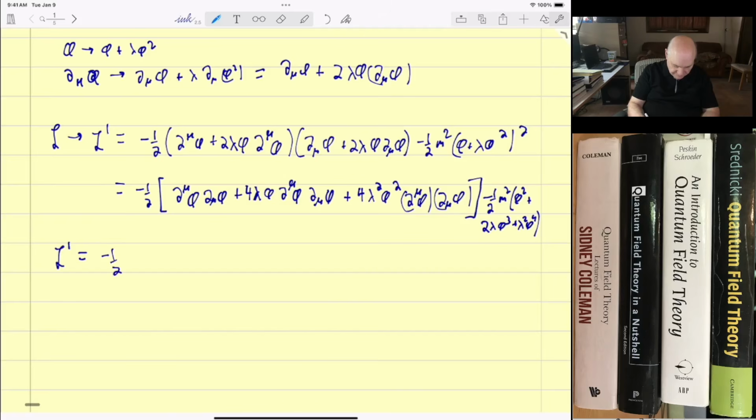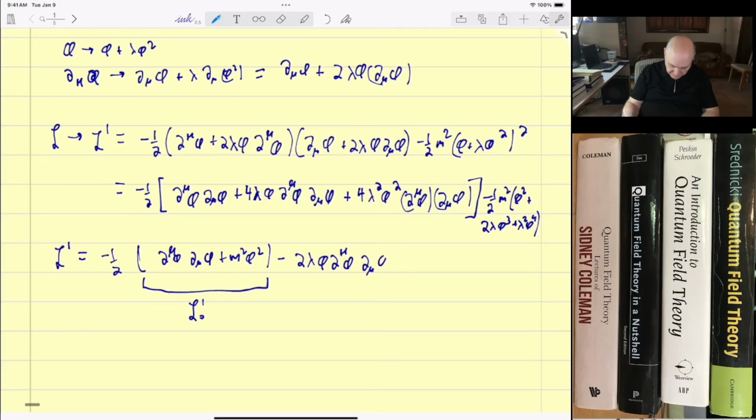Now we rearrange this so we take out what the free part of the new Lagrangian is. So this part over here is just L0 prime, the free part of the new Lagrangian. Now we get a lot of what we call derivative interactions, which you often don't see in beginning quantum field theory.